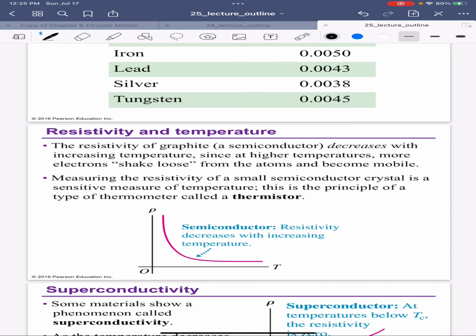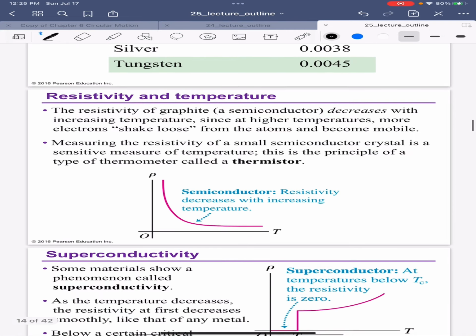Then when we increase the temperature or add a doping, like another element, it is going to be a good conductor. Measuring the resistivity of a small semiconductor crystal is a sensitive measure of temperature. This is the principle of the type of thermometer called a thermistor.